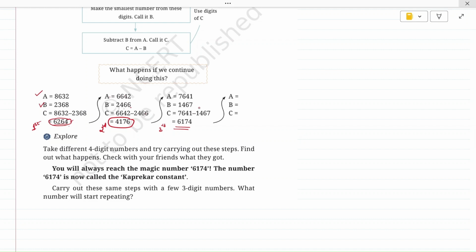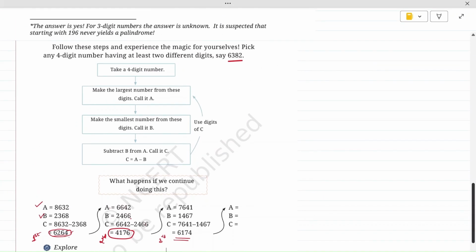So what does this flow chart define for us? Going back to the flow chart, we have to take a 4-digit number, any number, but it should have at least 2 different digits. We take the biggest and the smallest number and find the difference.